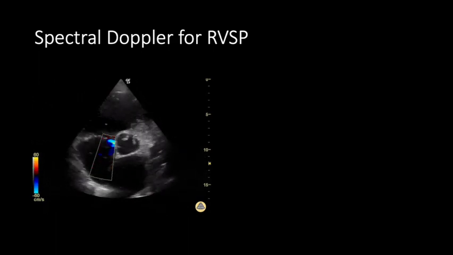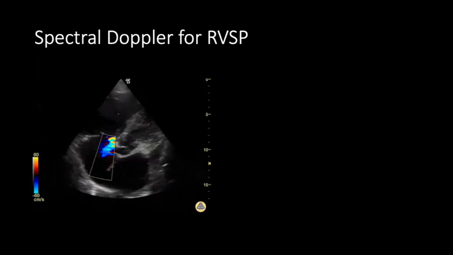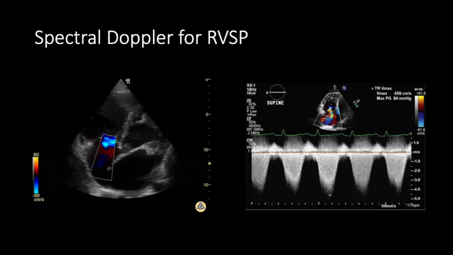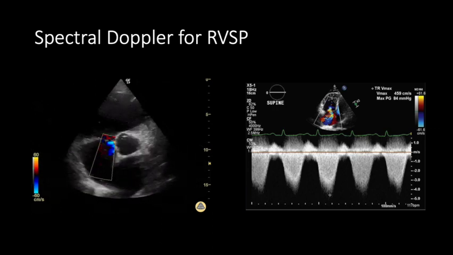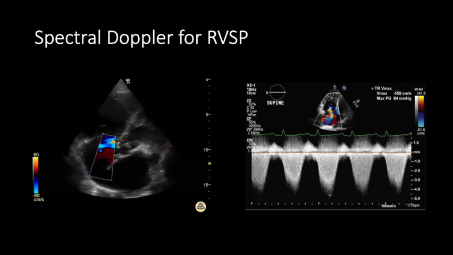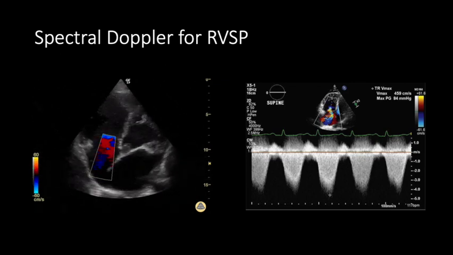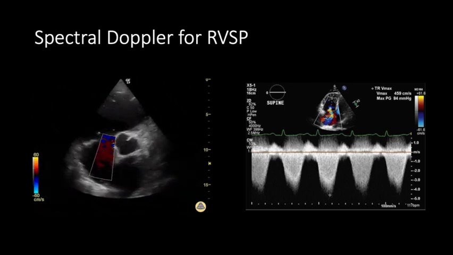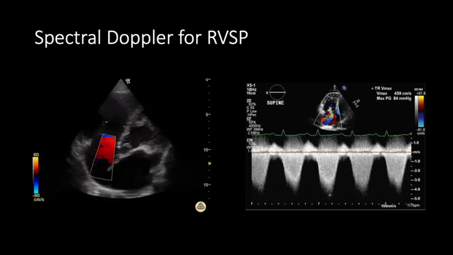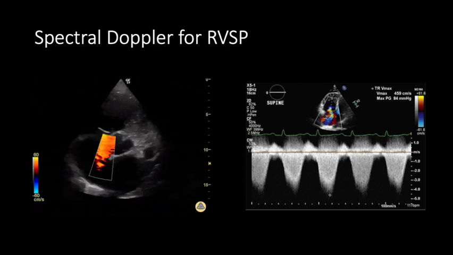And what we can do is use Doppler mode to actually measure the velocities that are occurring in that tricuspid regurgitation. And there's a formula called the Bernoulli equation that can take that velocity and give us a pressure.